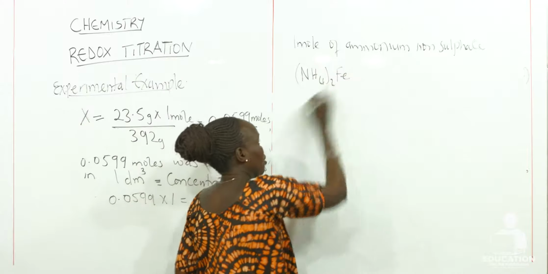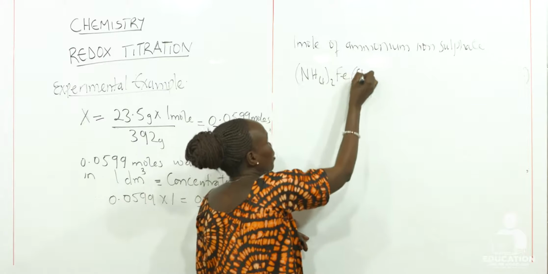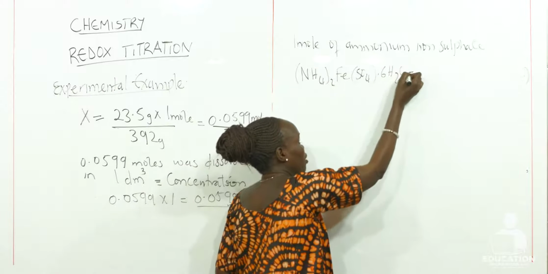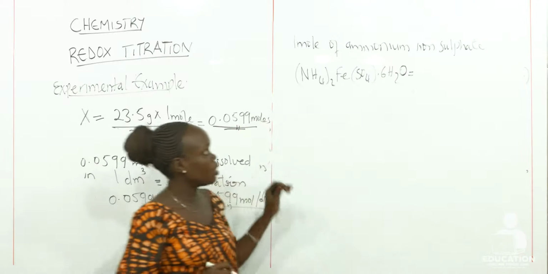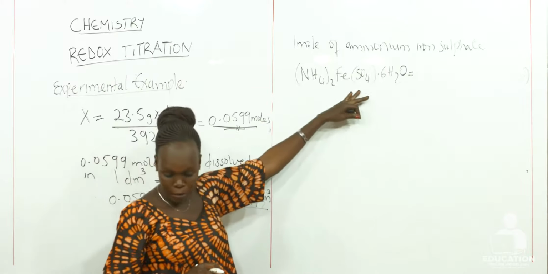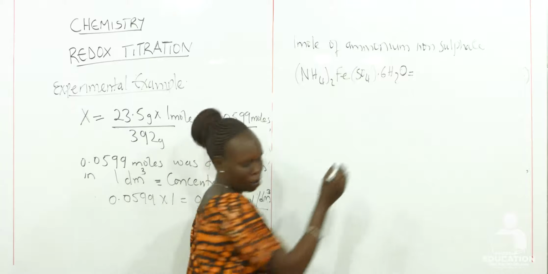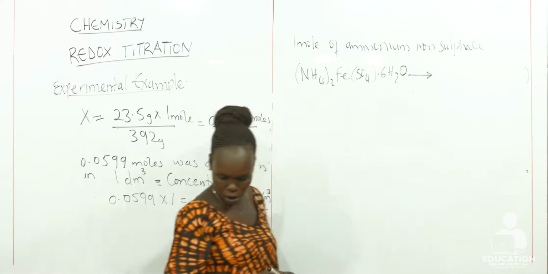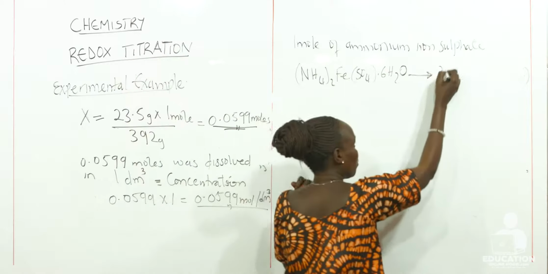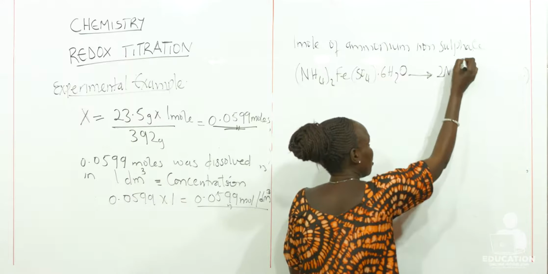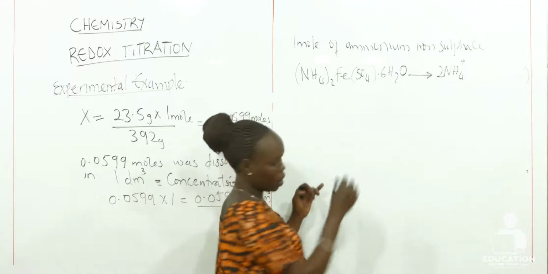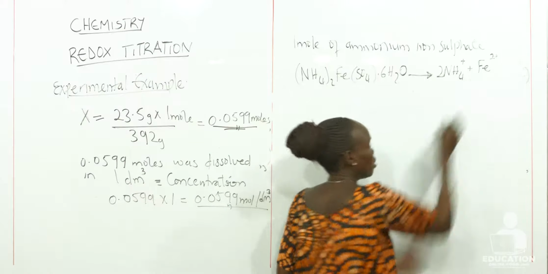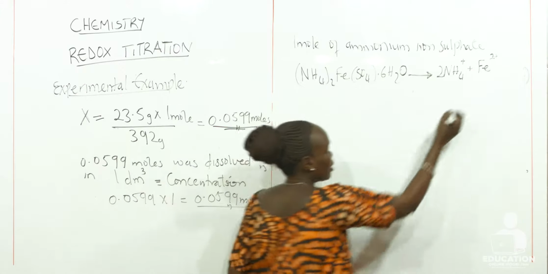We have iron sulfate with 6 molecules of water, which we need to remember makes it hydrated ammonium iron sulfate. So the equation here will be 2 ammonium ions, aqueous in solution, plus iron(II) plus sulfate.